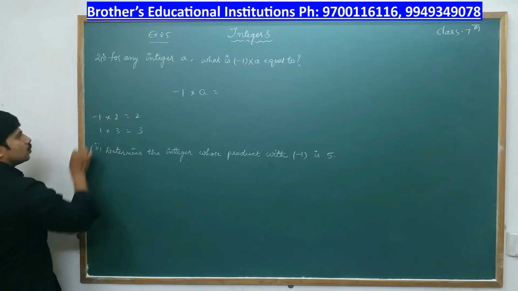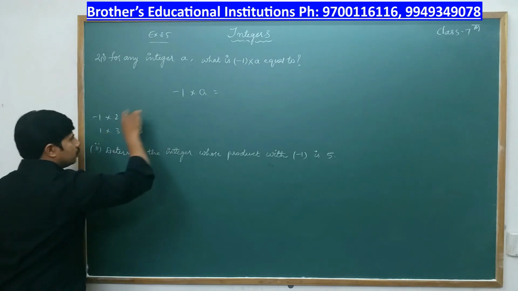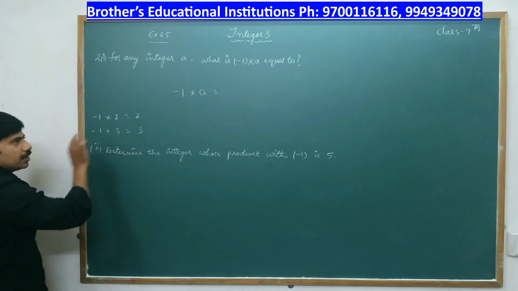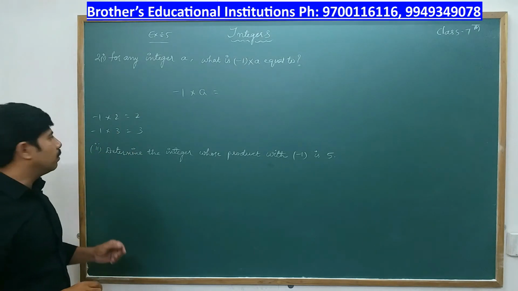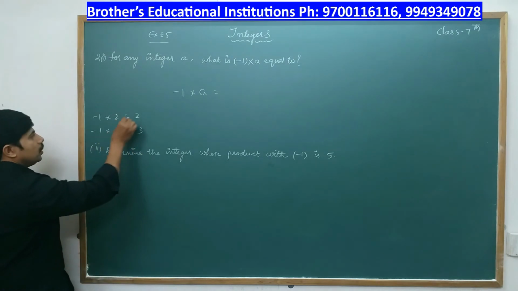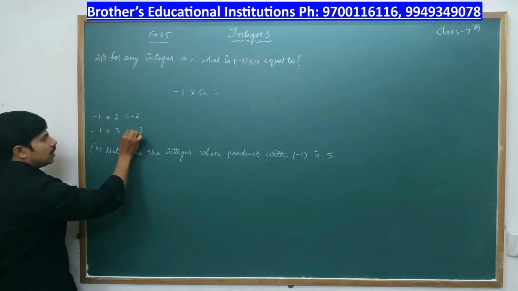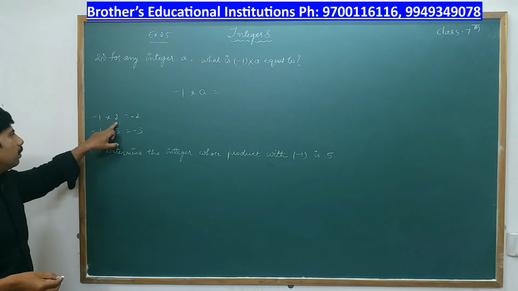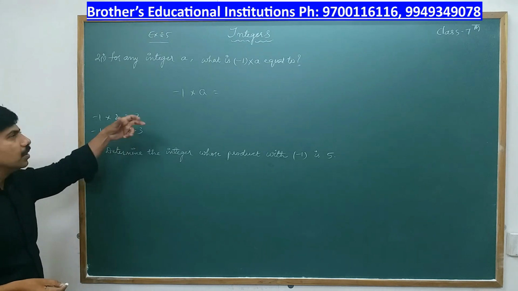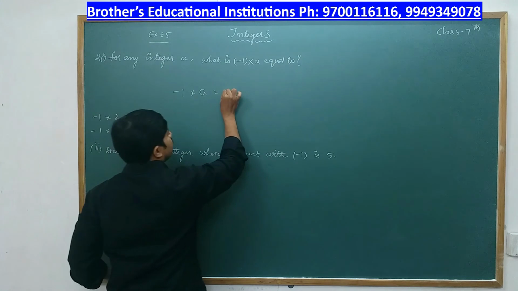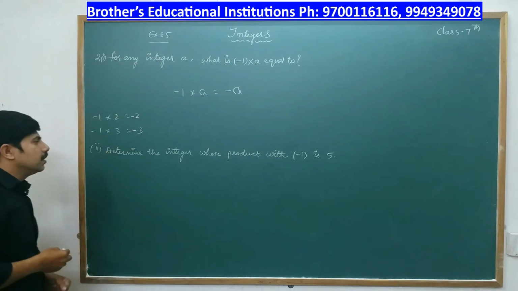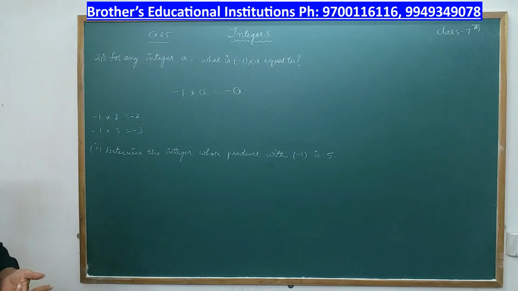Similarly, if you do minus 1 into 2, instead of A I am assuming 2, minus 1 into 2 is minus 2, minus 1 into 3 is minus 3. So minus 1 into anything, if you multiply, we get that thing with a minus sign. So here minus 1 into A is nothing but minus A. So this is completed.